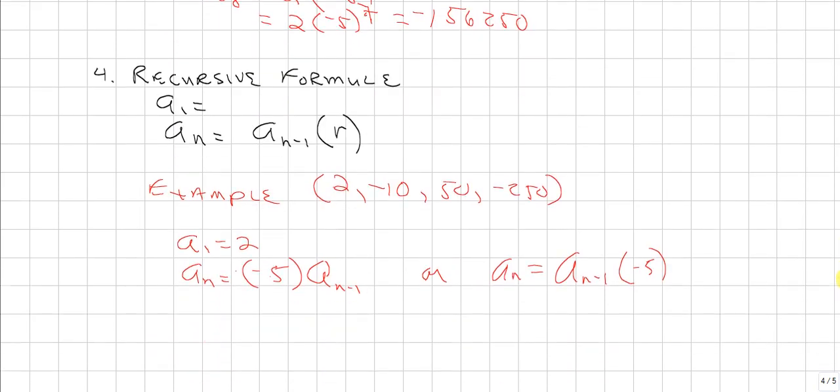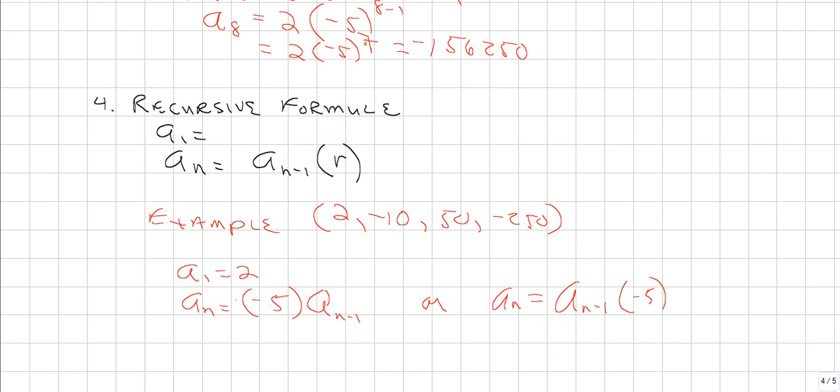The recursive formula for a geometric series is I'd have to give the first term. Remember, recursive, I have to state some starting point. And then to get the next term in the sequence, in this case it's a_n, it's the previous term, a_(n-1), times the common ratio. So in the previous example, where I had 2, negative 10, 50, negative 250, the recursive formula would be, I state the first term, a_1 is equal to 2.